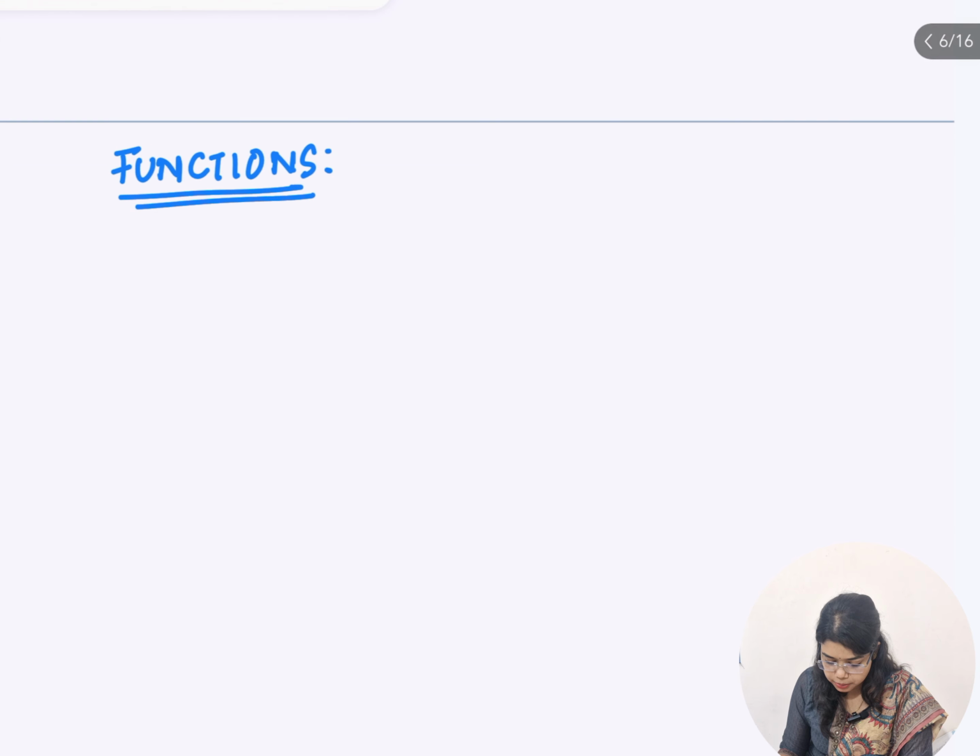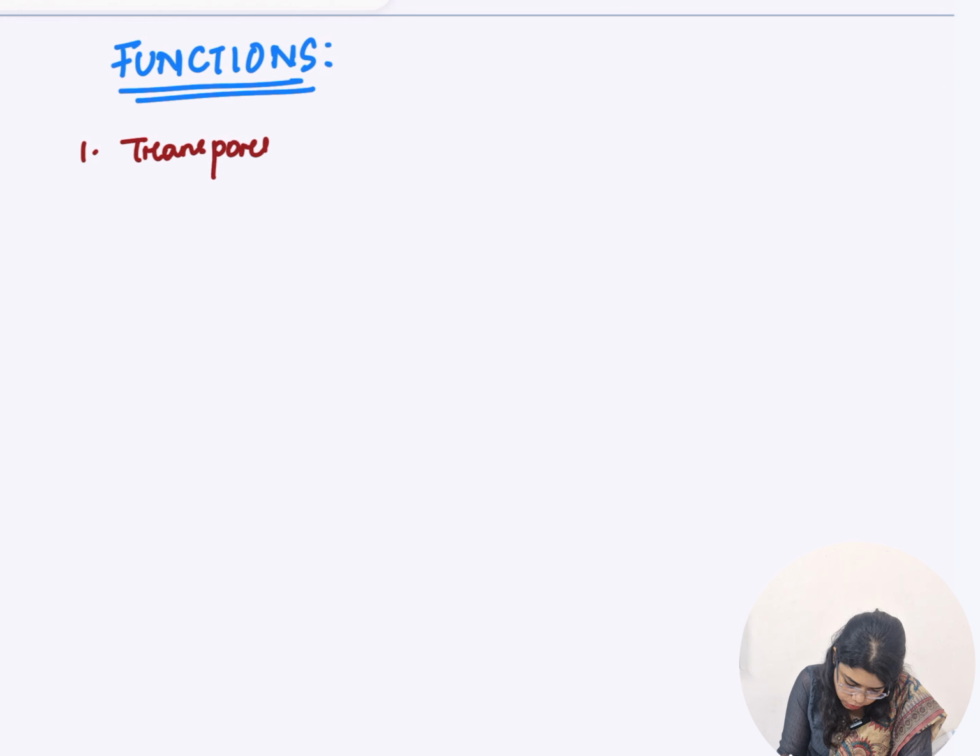Moving to the next. What is the function of the fallopian tube? First function, I have told you, transportation of gametes.